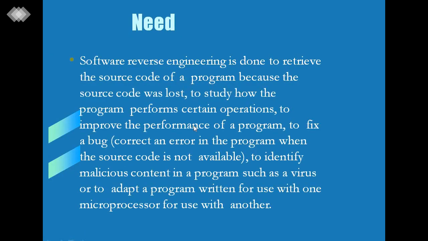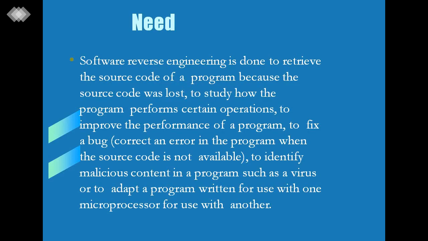Now, why do we need software reverse engineering? Software reverse engineering is done to retrieve the source code of a program because the source code was lost, to study how the program performs certain operations, to improve the performance of a program, and to fix a bug.